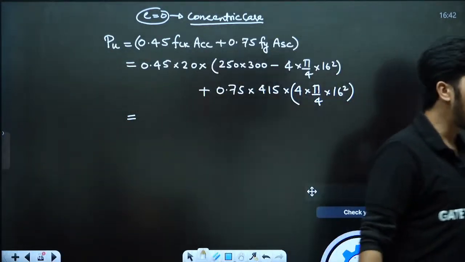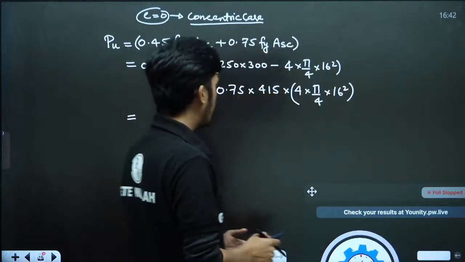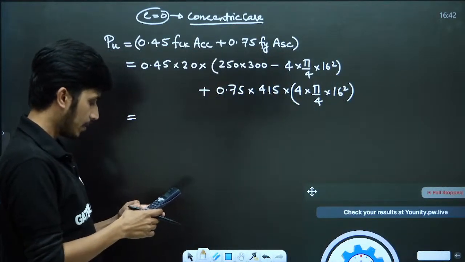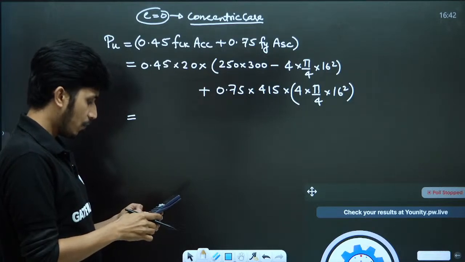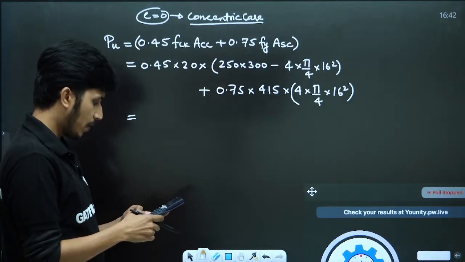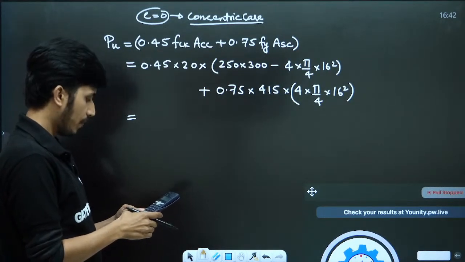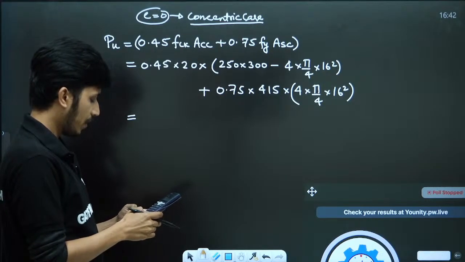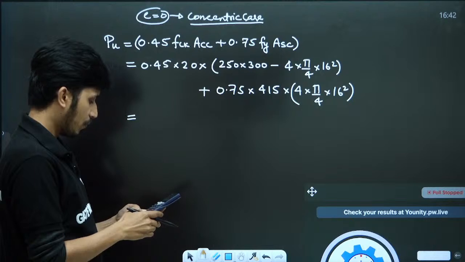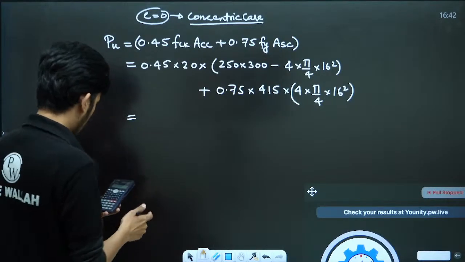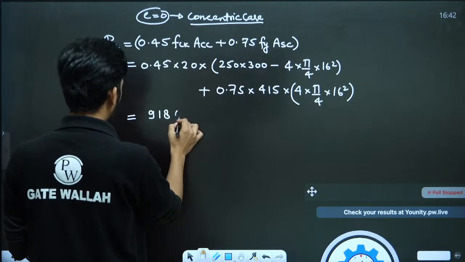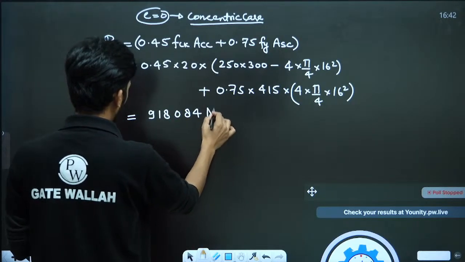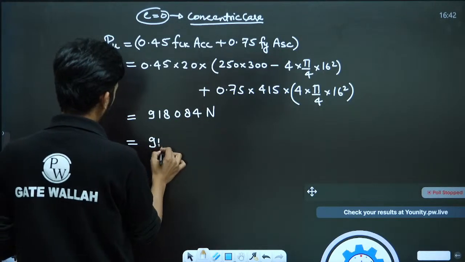First we will calculate in Newton, then we will convert it into kilonewton, because it is asking in kilonewton. So (250 into 300 minus pi by 4 into 16 square) into 0.45 into 20, plus 0.75 into 415 into pi by 4 into 16 square. This is coming out to be 918,084 Newton.